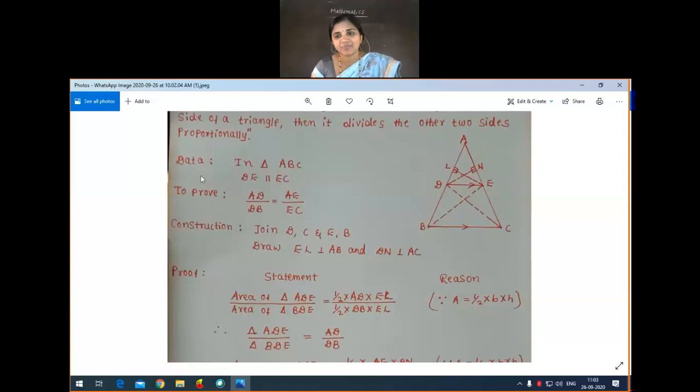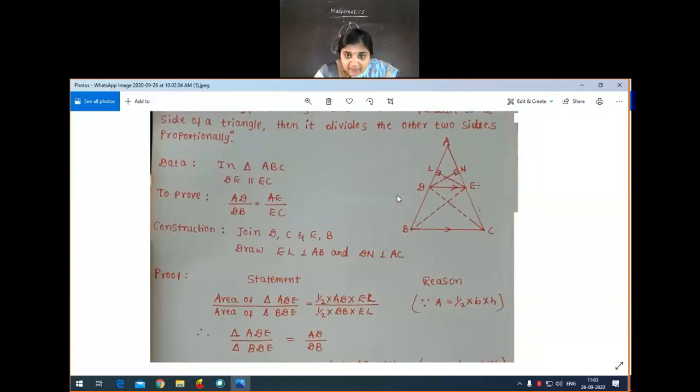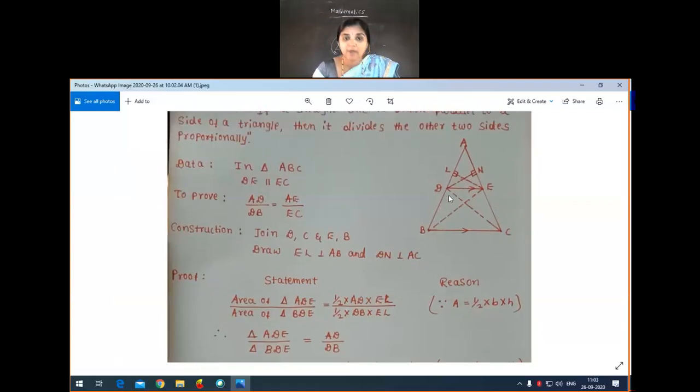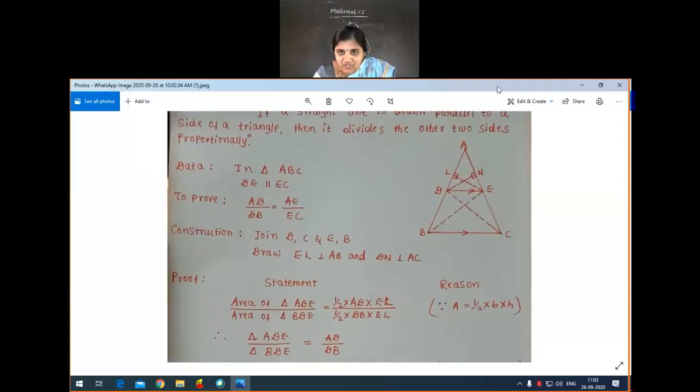Now data. The first step is data. In triangle ABC, DE is parallel to... DE is parallel to which one? This one. DE is parallel to BC. Sorry, here I'll make the correction, one second. Yes, here this is BC.